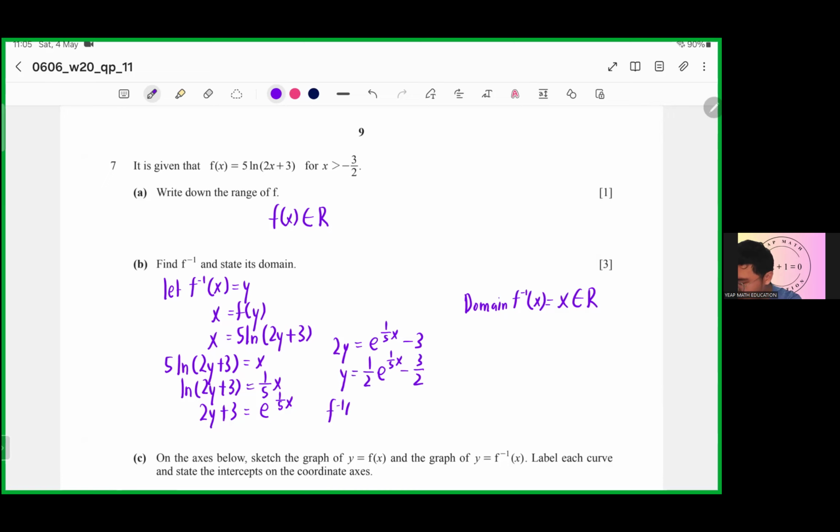So our inverse function equals 1 over 2 e to the power of 1 over 5 x minus 3 over 2. Okay, I hope you guys can understand.